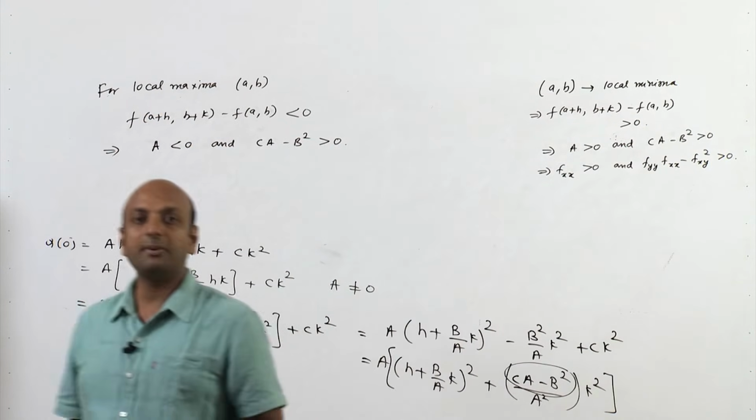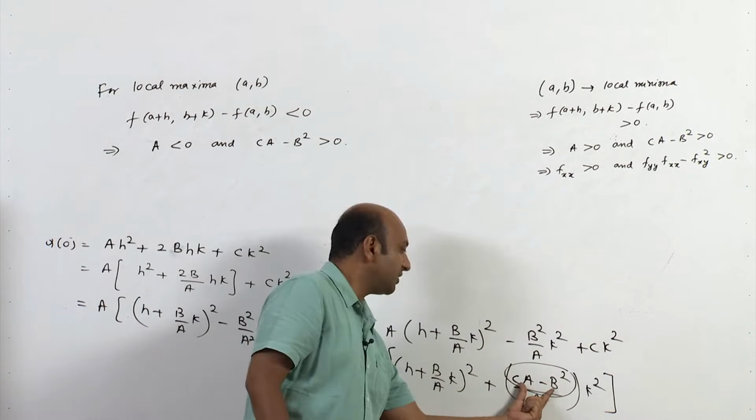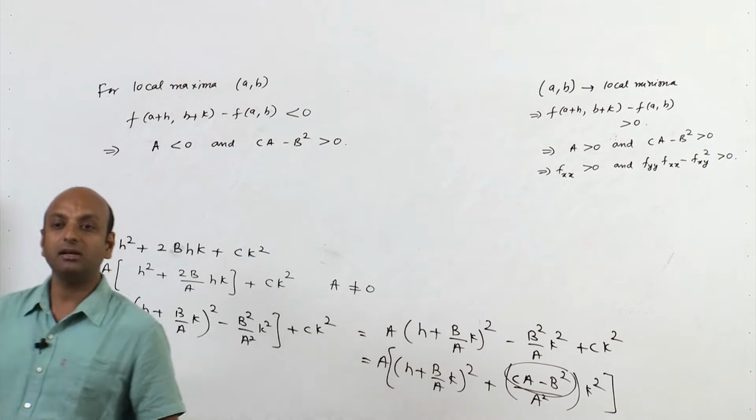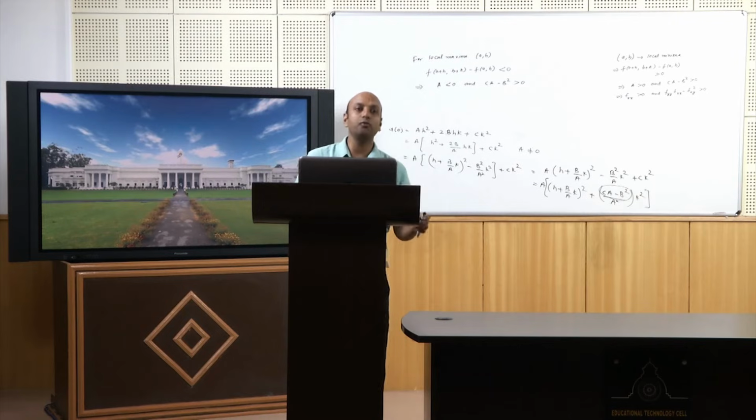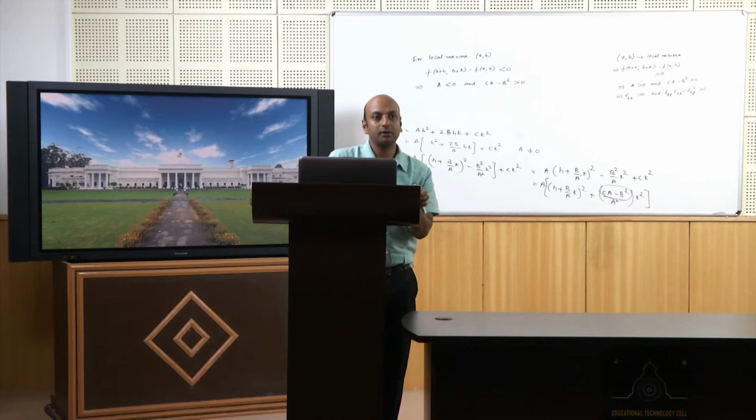So, (a, b) will be a saddle point in that case, and if it is 0, the test will be inconclusive. We have to go for the higher order test to find out the nature of (a, b). Okay. So, that is how we can find out whether a point (a, b) is a point of local maxima, local minima or saddle point.